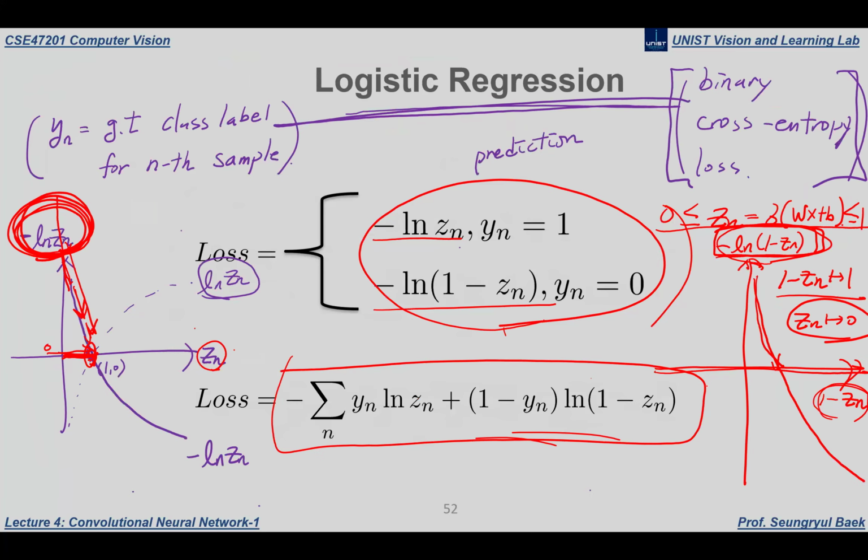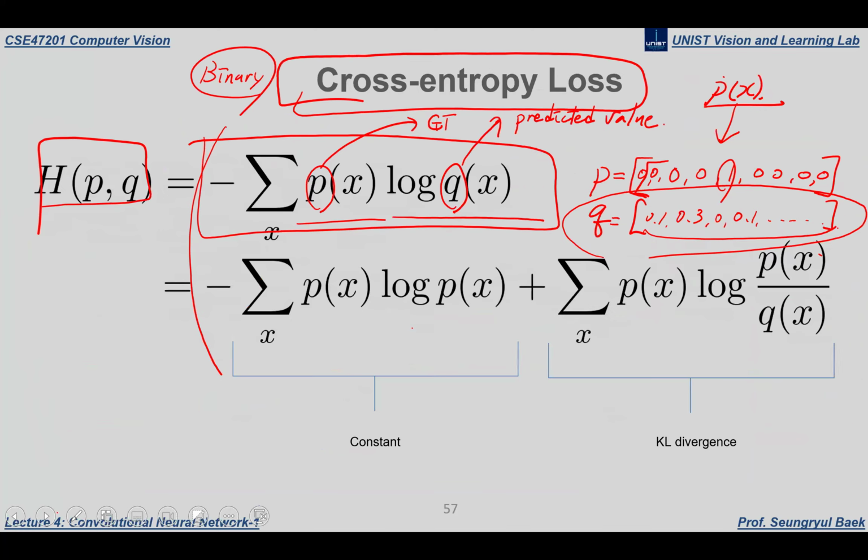Here you can think of it as the minus predicted value, multiplied by yn. So this form is similar to one term of this cross entropy loss. Are you guys following this?